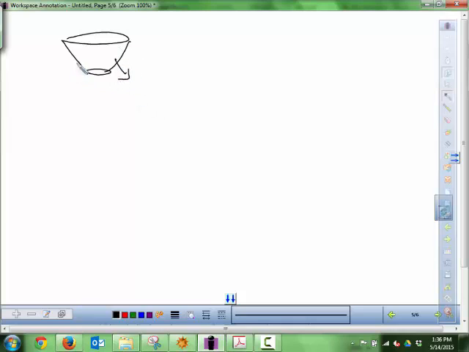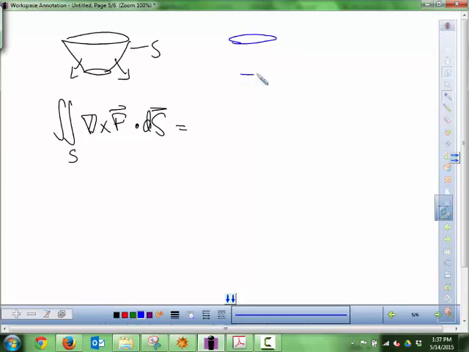So if we take a look at this cone with an outward normal, for example, if this is S, then your flux of the curl over this S, because this thing has two boundaries, two holes, is going to equal the line integral of the two boundaries. So C1 and C2. So this is going to have to equal two line integrals.